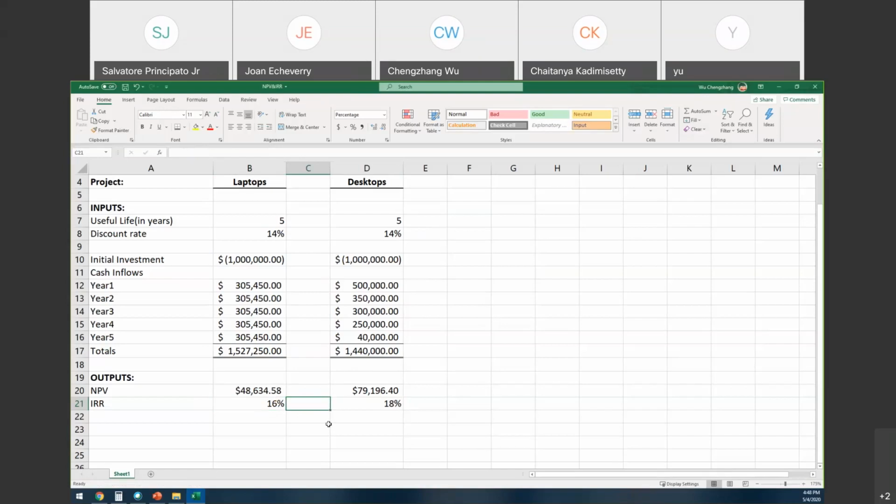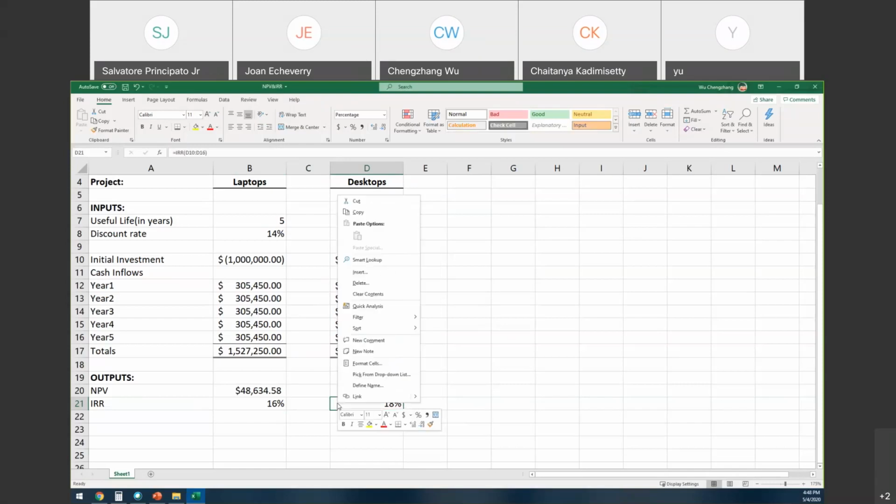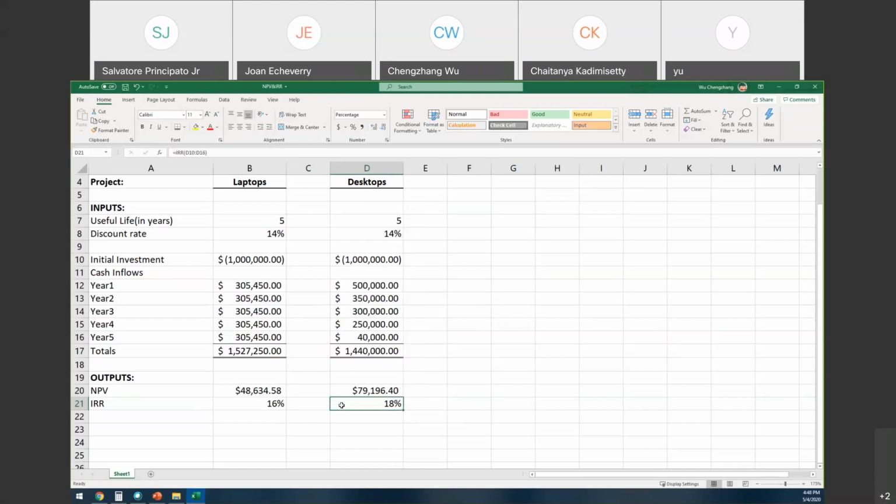Well, we know the internal rate of return of the desktop project is 18%. Well, but as we discussed, it should be an amount slightly higher than 18%.